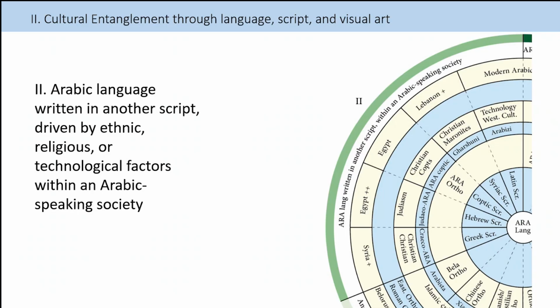So there were many cases where locals who speak Arabic deliberately chose to write with other scripts, like Hebrew, Greek, or Coptic, and that meant they wanted to keep their identity separate from the Arabic society itself.